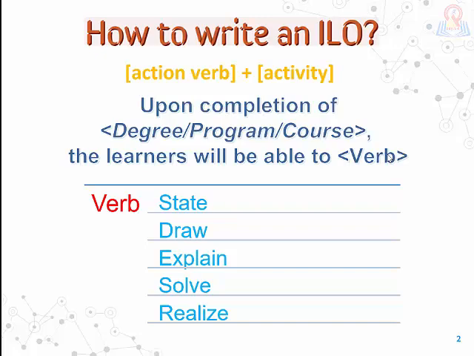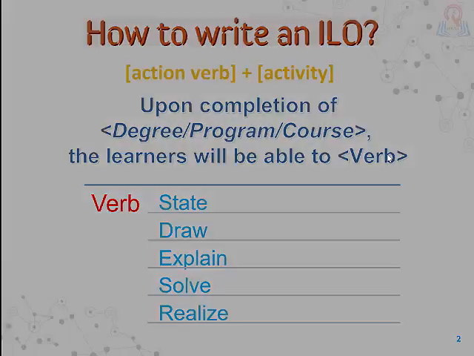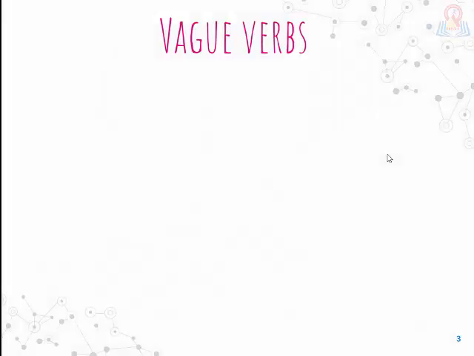The next important question is whether these verbs are appropriate or correct. Let us see. The first important thing is vague verbs. There are some verbs which are unclear or uncertain or sometimes indefinite or non-deterministic.